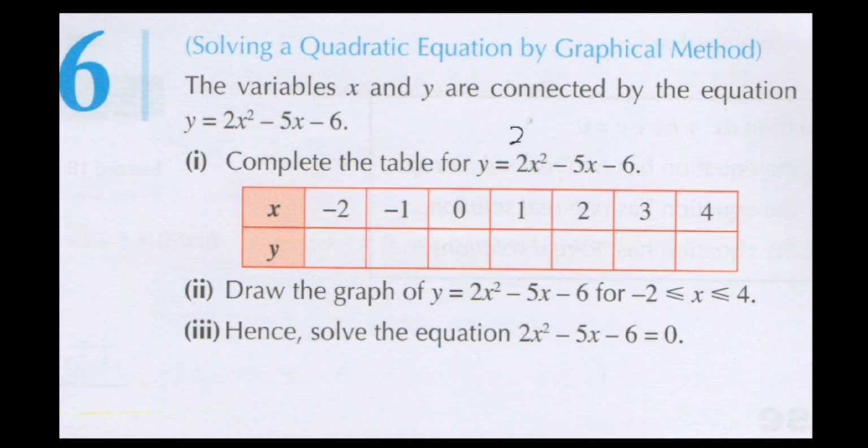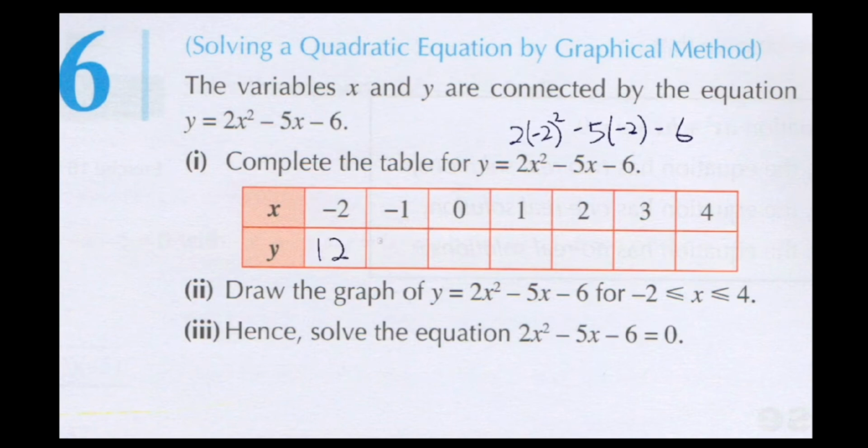So 2 times (-2) squared minus 5 times (-2) minus 6, right? So you will have 2 times 4, which is 8, and then minus 5 times minus 2 is plus 10. So 8 plus 10 is 18, and then minus 6 is 12. So this value here is 12.